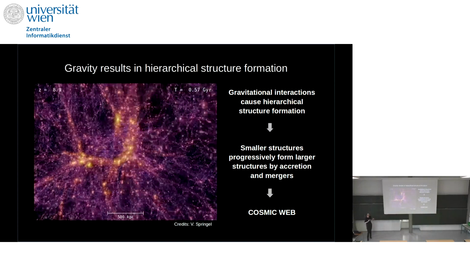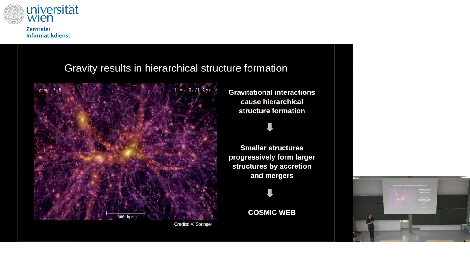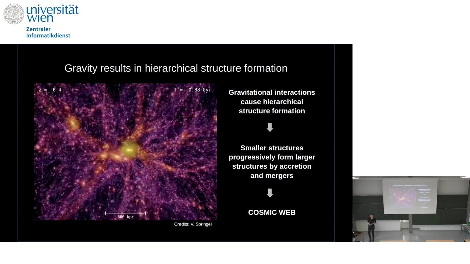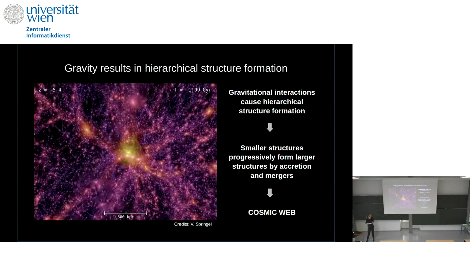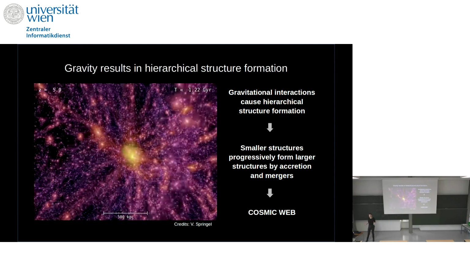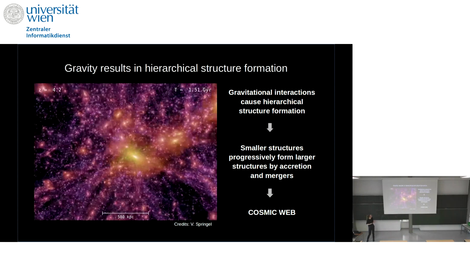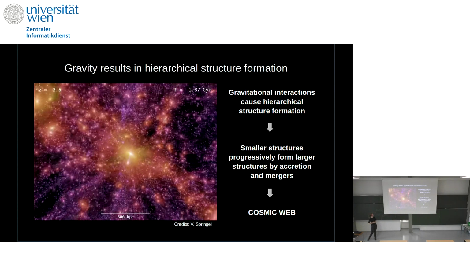So there's a basic hierarchy in this structure formation. The whole structure that you're seeing now, this entity of sheets, filaments, and clumps or nodes, is what we refer to as the cosmic web. I think it looks a little bit like a spider web. Well, not really, but yeah. So that is our cosmic web.